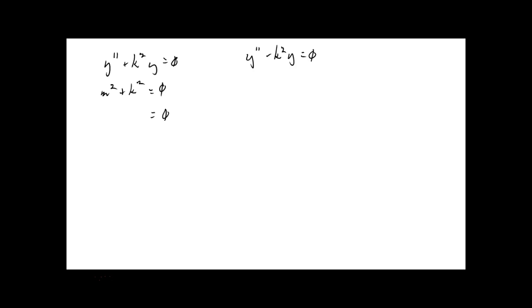Because guess what? If M is anything other than 0, and K is anything other than 0, ain't no way, right? Because M squared is always positive, and K squared would always be positive. Unless, of course, M was complex. And then you can do it, because they told us up front that K is real, okay?